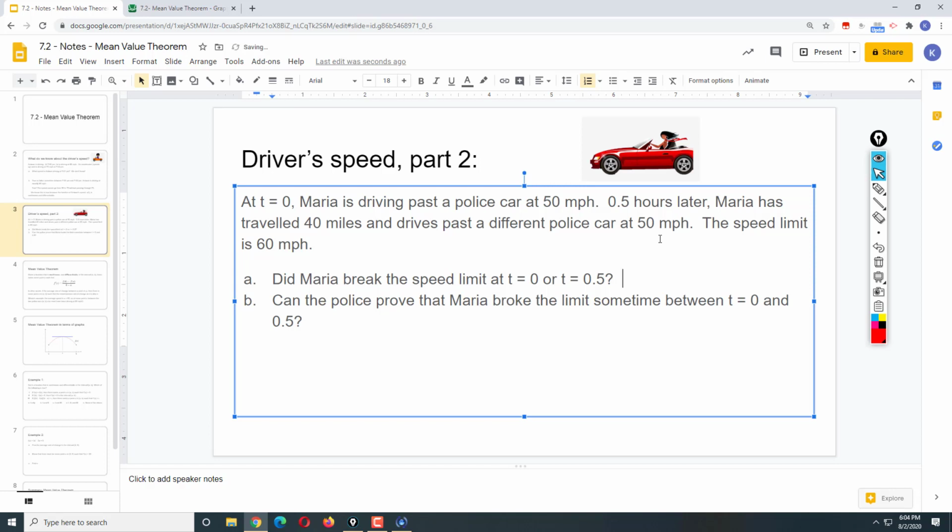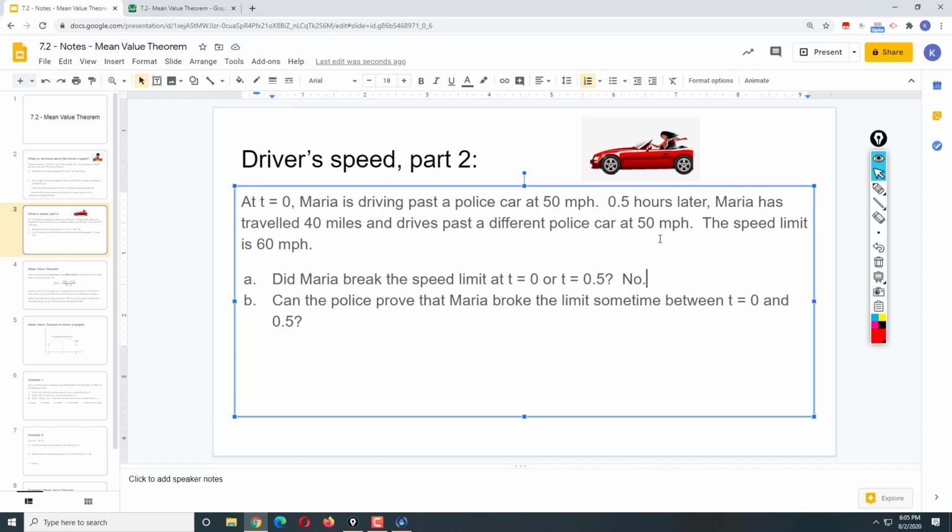So no. Whenever a police car sees her, she is driving at 50. She is not breaking the speed limit. Breaking the speed limit means you're driving faster than 60. That's when the police can stop you and give you a ticket and fine you. Like, you have to pay money.